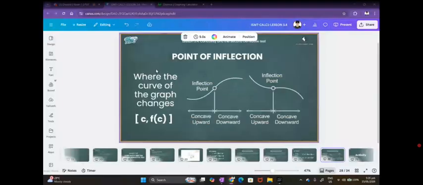Let's head on to inflection. So, yung point of inflection, ang basic definition niya, of the graph changes. So, from then, let's check point of inflection here. So, ano yung critical number natin? It's 1. And, sasalpak natin siya here sa original function.